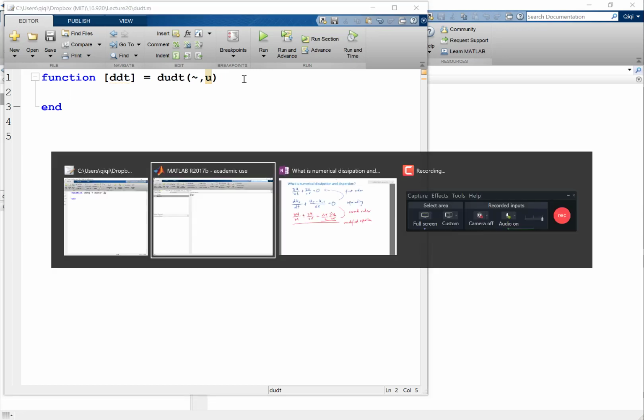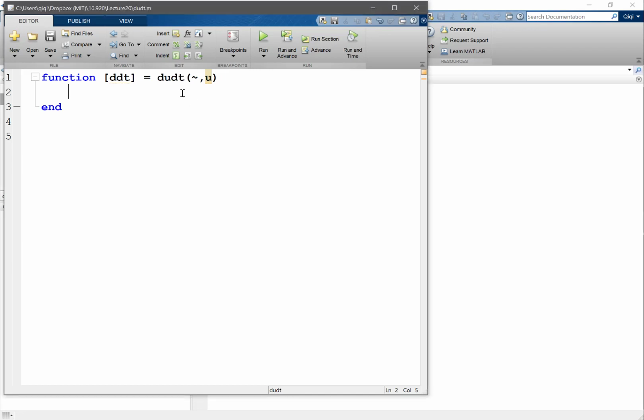Okay. So basically, the upwinding is going to be, first of all, du/dx equal to u_i minus u_{i-1}, and u_{i-1} can be written as u from 2 to end and u1, right?